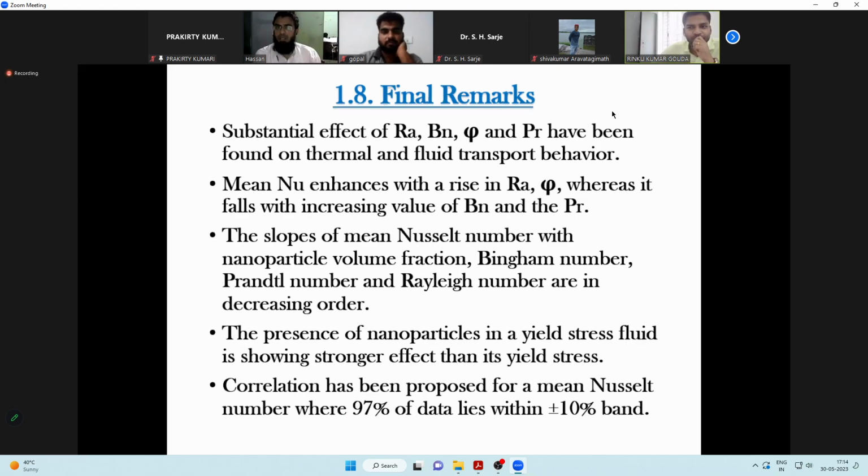Mean Nusselt number is enhanced when Ra and phi increase, whereas it falls when Bn and Pr increase. The presence of nanoparticles significantly enhances the heat transport phenomena, and ultimately a simplified correlation has been presented. I'm open for questions, please.